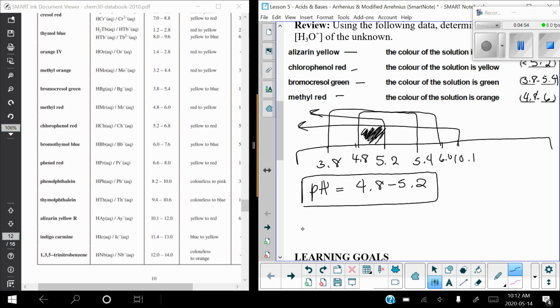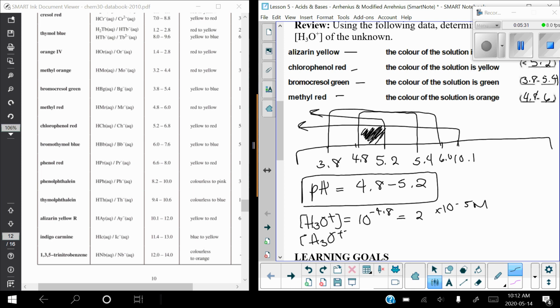Okay, and lastly, to find the hydronium concentration, you're going to go 10 to the power of negative pH. This one gives me 1.6 times 10 to the negative 5 moles per liter. And then this one here, actually we need to report to one significant digit. So this is actually going to be 2 times 10 to the negative 5.